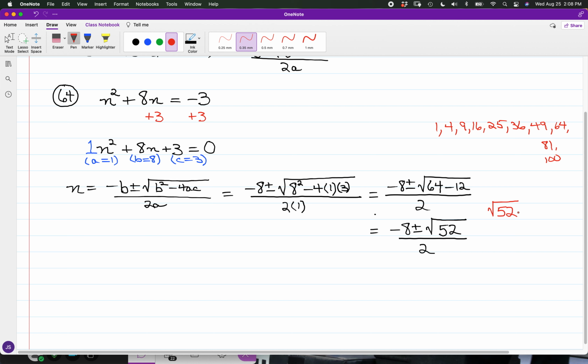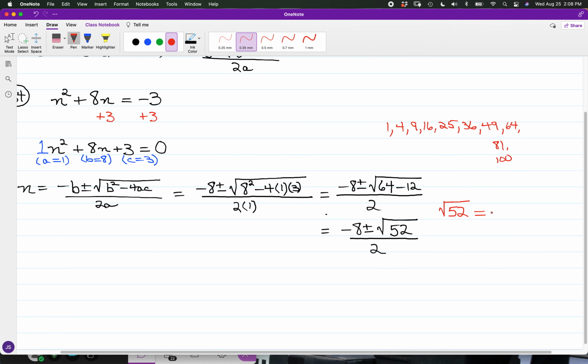So if I were to lower the square root of 52, I have 4 times 13. If I separate, I have the square root of 4 times the square root of 13, and the square root of 4 becomes 2.